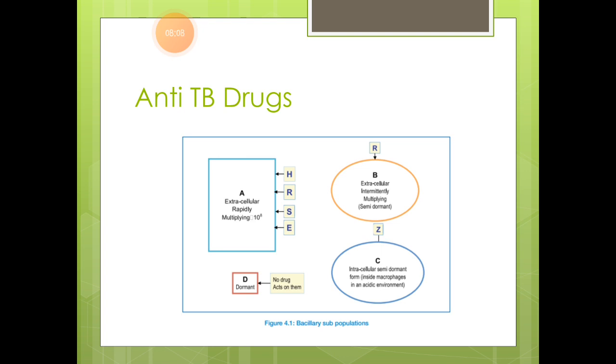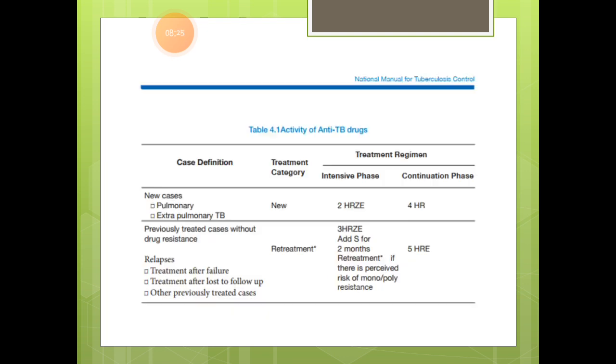So the activity of anti-TB drugs differs, and you should know this picture, which drug affects which bacillary group. This can appear in your MCQ. So I ask you to refer to this picture and get ready.